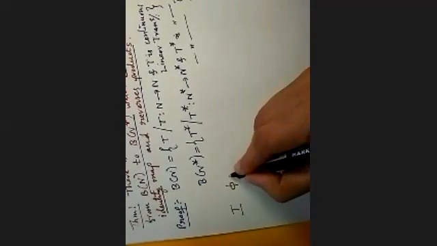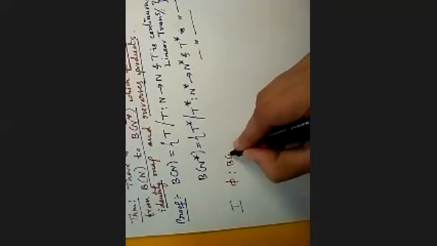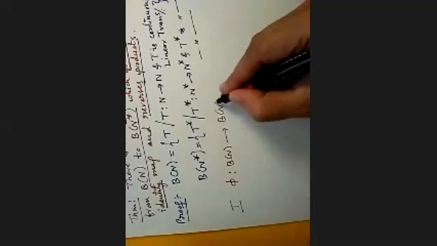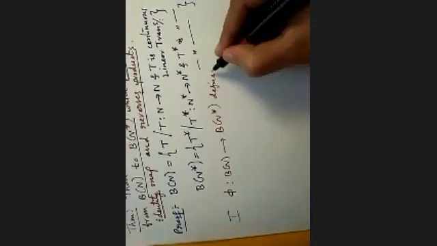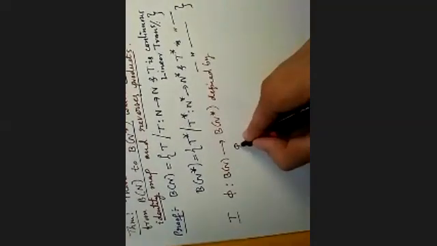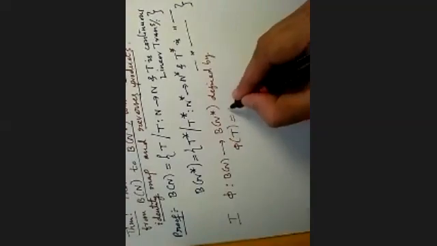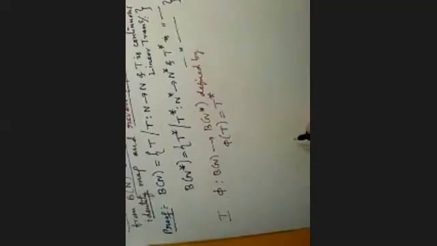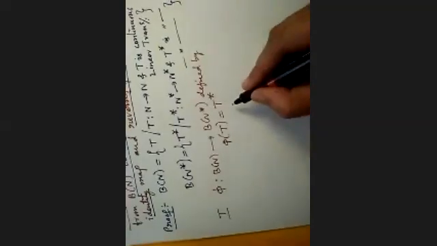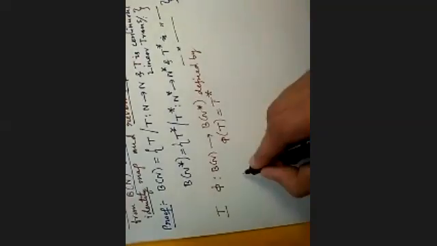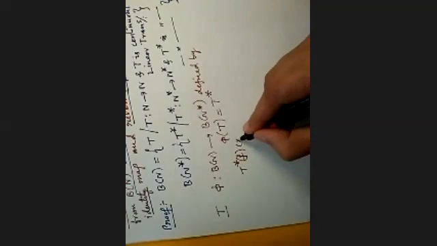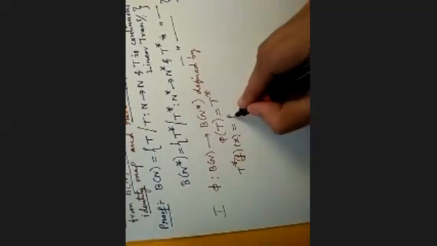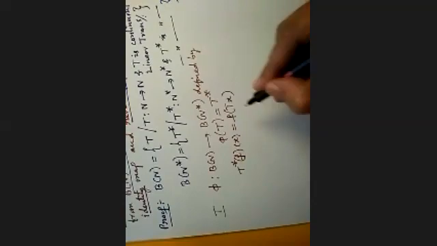Define phi from B of N to B of N star. Define phi of T equal to T star, where T star acting on f, and f in turn acting on x, is nothing but f of T x.